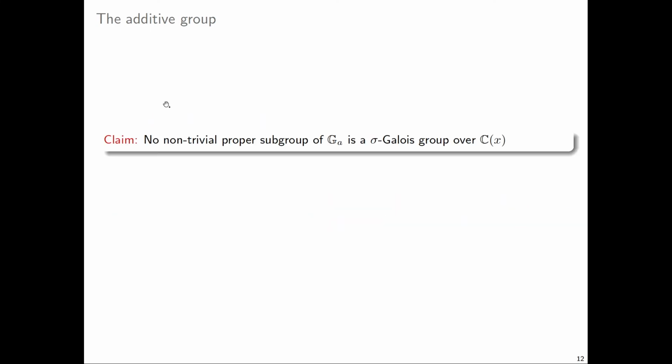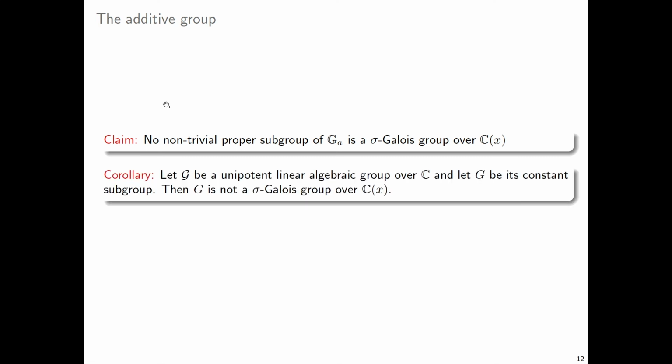However, for all subgroups, if they're non-trivial, there's no sigma Picard-Vessiot extension. And I would like to explain this to you because the proof is very elementary, but let me first give you a consequence. If you have a unipotent linear algebraic group curly G, and you consider the constant subgroup, then that is also not a sigma Galois group over the base field.